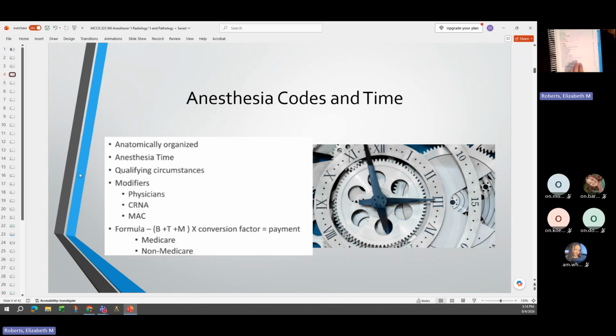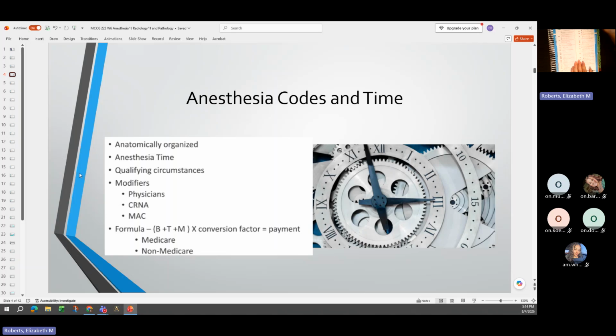Now, I don't have it on these slides, but these codes are really general. You've got anesthesia for procedures on nose, anesthesia for intraoral procedures, including biopsy, anesthesia for procedures on facial bones or skull, right?